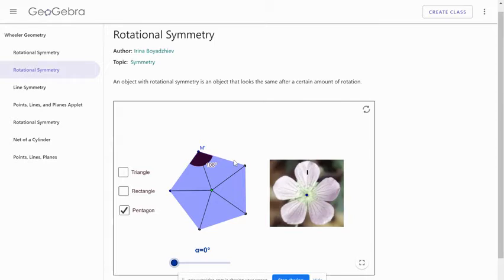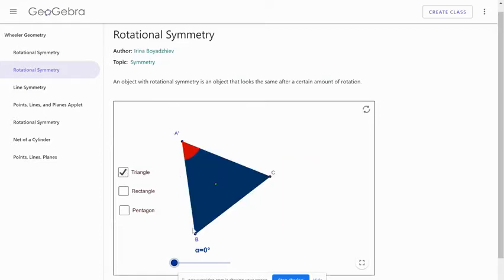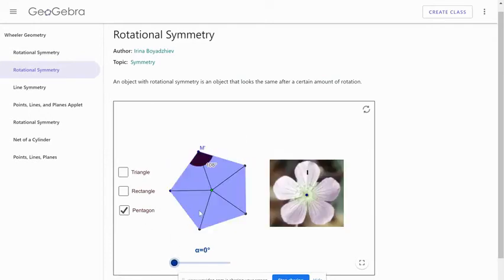So just think about what we did with the triangle. The triangle was, remember, 120. There are three sides to a triangle. 360 divided by 3 is 120. So we did 120 and then another 120, which gave us 240. Okay, so the pentagon, what do you think this one will be?